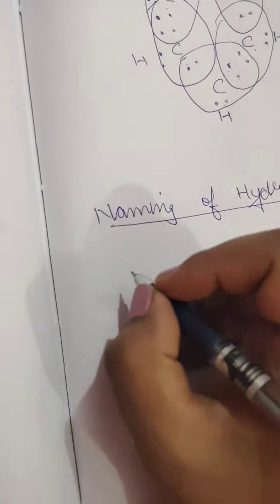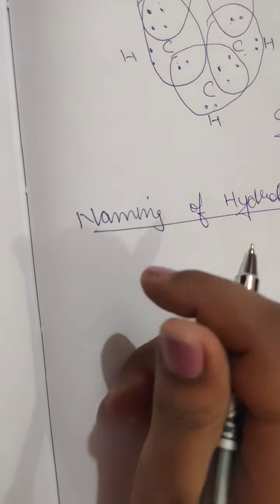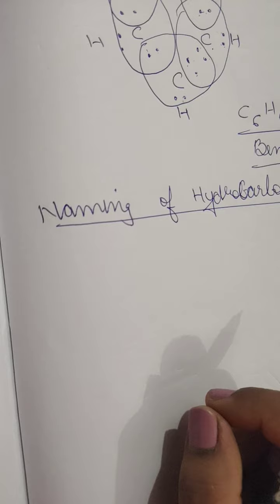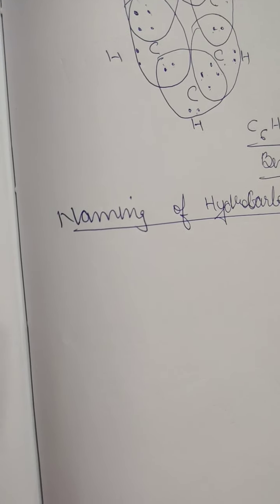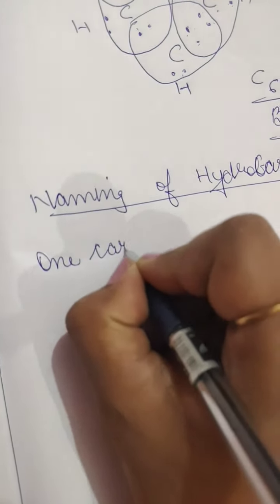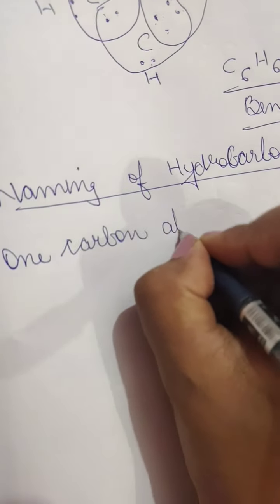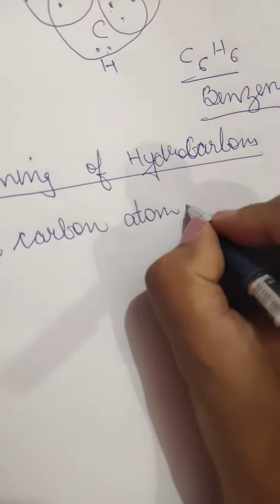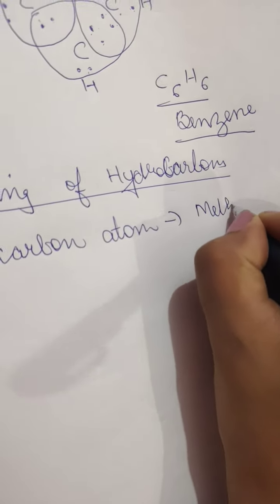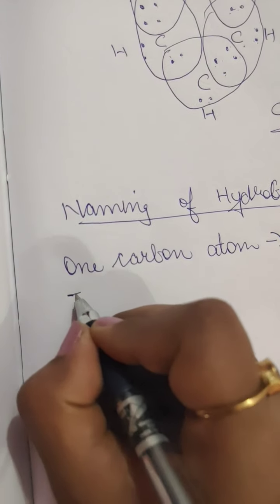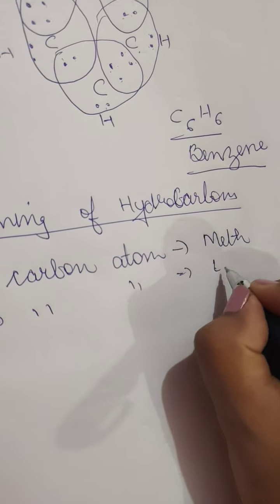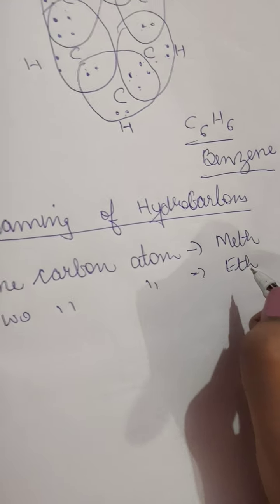They had a nomenclature technique which is somewhat like this. The number of carbon atoms in any hydrocarbon will be indicated using the following, in an order. If there is only one carbon atom, we indicate it by writing meth. If there are two carbon atoms, it will be called eth.